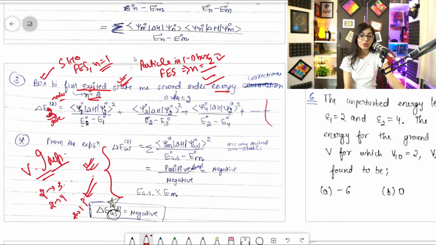So basically you will write, whatever state is asked, you will write it in the later phase in the numerator, and in the first phase in the denominator. Fine. So just write over here psi 2 and this psi 1. Again psi 2 and this 3. And 2 with 4. Everything is same. Psi naught delta H psi 2 naught squared divided by.